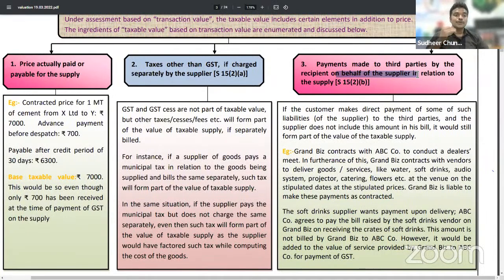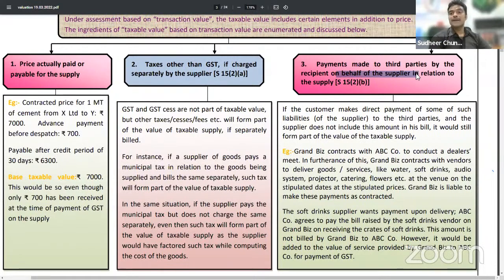But what I have said to you here is, I owe rupees 20,000 to my friend. So I have given instruction to you that give me only 80,000, and the balance 20,000 you give to my friend. Now tell me, will GST be levied on 80,000 or 1 lakh? On 1 lakh only.